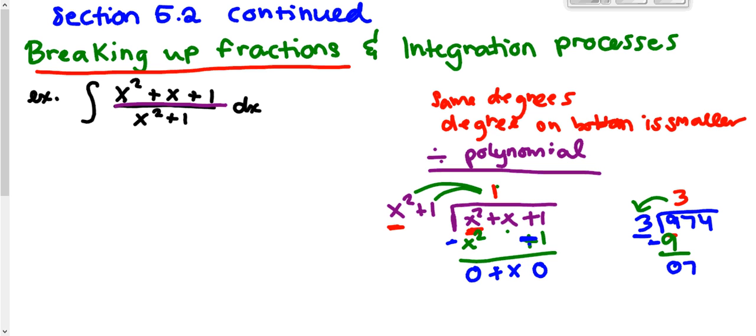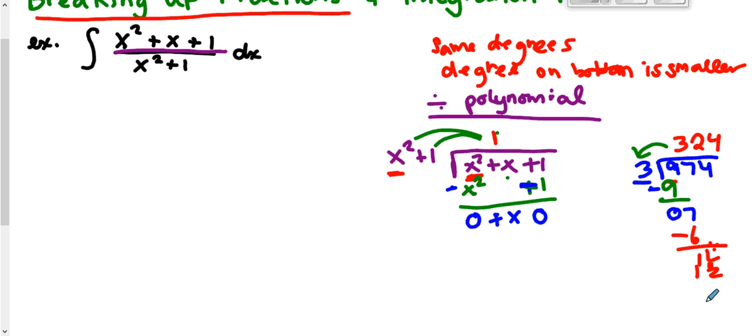Now, if I could, I would repeat this process over here. I would drop down the 7. How many times does 3 go into 7 would be twice. 3 times 2 is 6, and I would subtract until I got a remainder. 14 minus 12, so my remainder is 2.